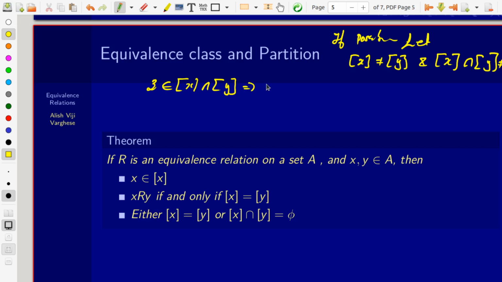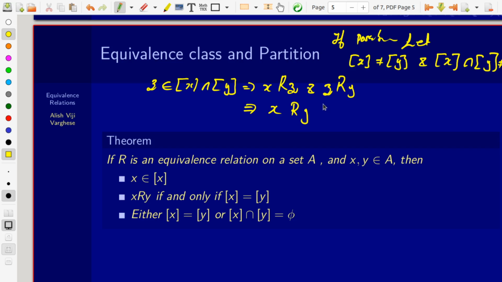Since z belongs to the equivalence class of x, z is related to x, or x is related to z; both have the same meaning because it is an equivalence relation. So x is related to z, and since z belongs to the equivalence class of y, z is related to y. Combining these two, we conclude that x is related to y.